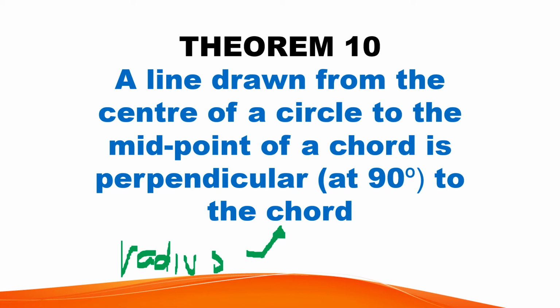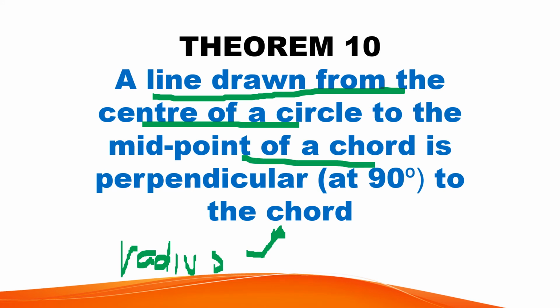Paano natin nasabing yung isa ay radius? Sabi daw kasi, line drawn from the center of a circle to the midpoint of a chord is perpendicular to the chord. Ibig sabihin, pag nagtama si radius dun sa midpoint or sa gitna ng chord, nag-perform siya ng 90-degree angle.